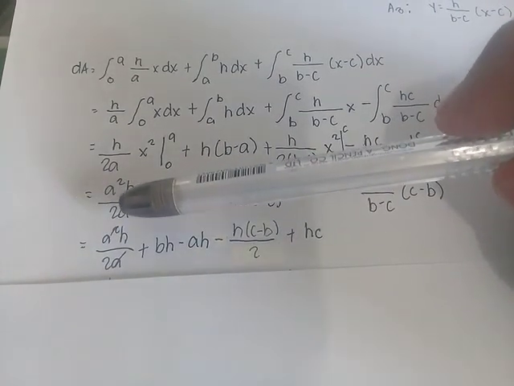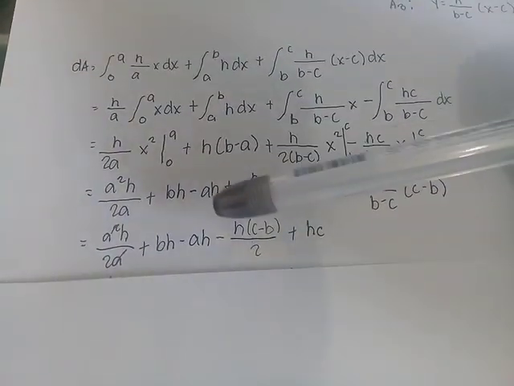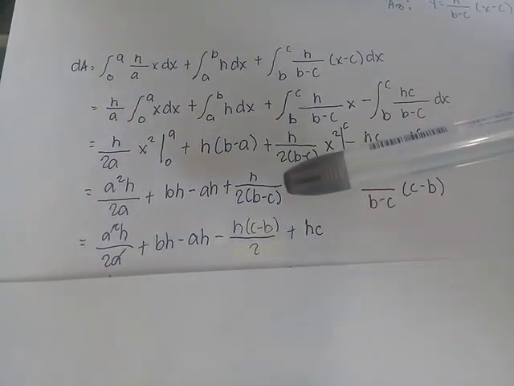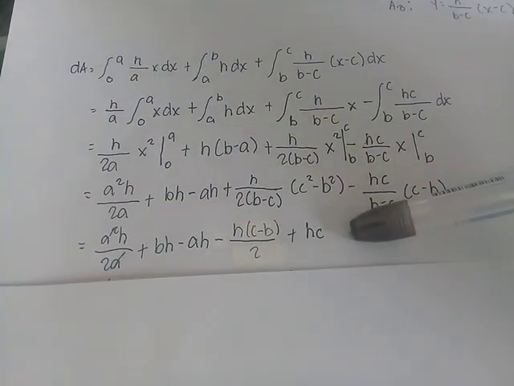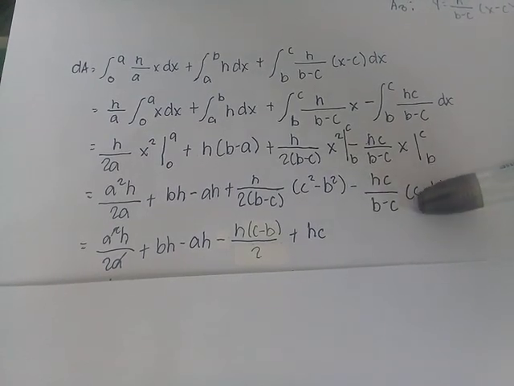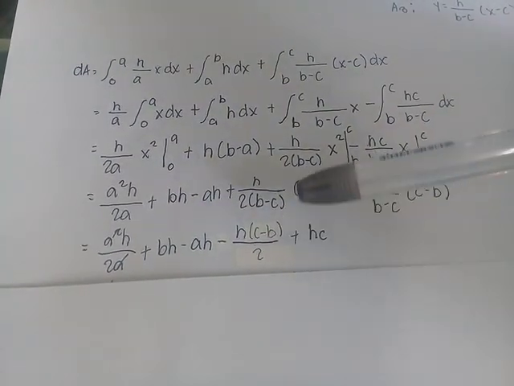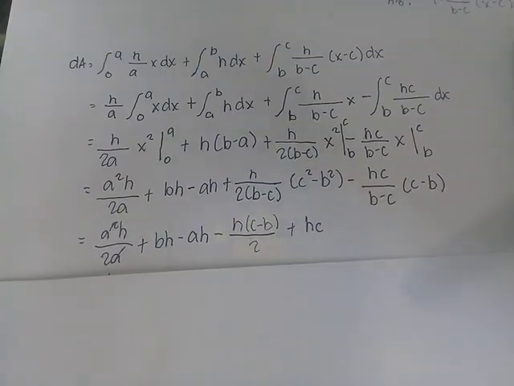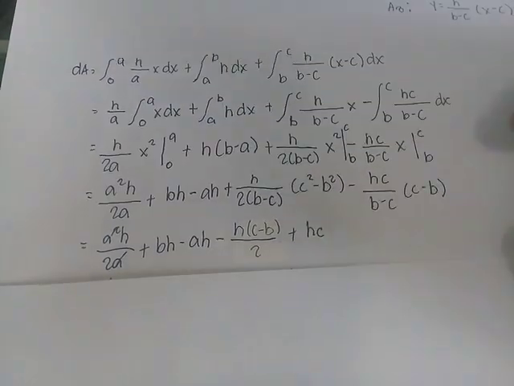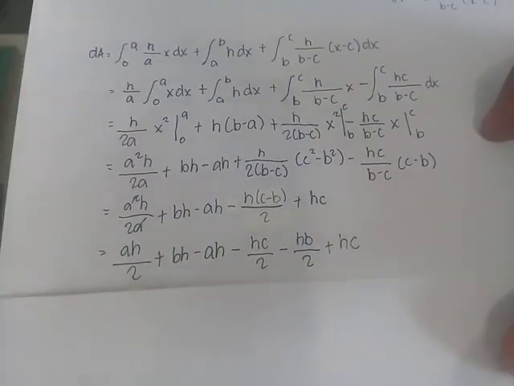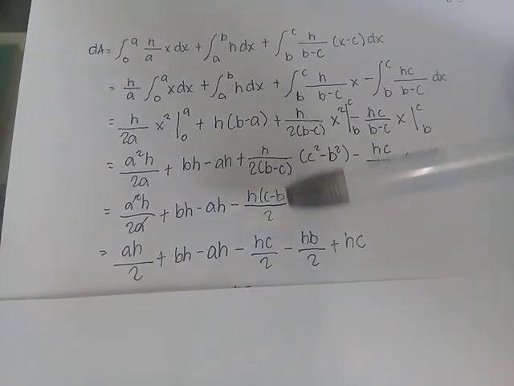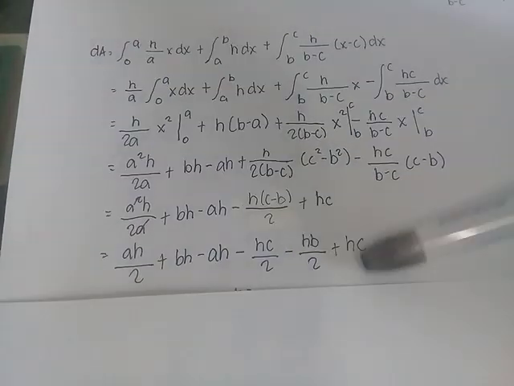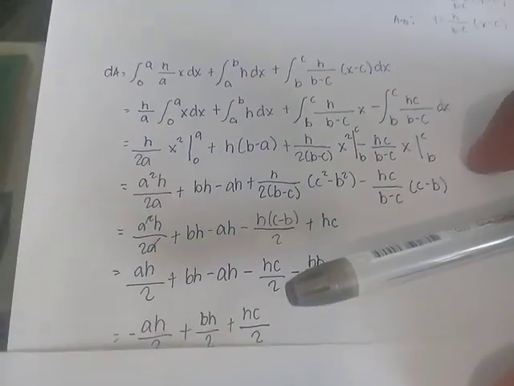So a h over 2 plus this and this one. We will just solve for this one. So cancel, and this one will be h times c minus b over 2. So we will have hc minus hb over 2, then hc.